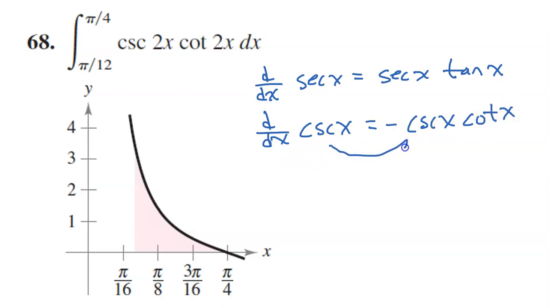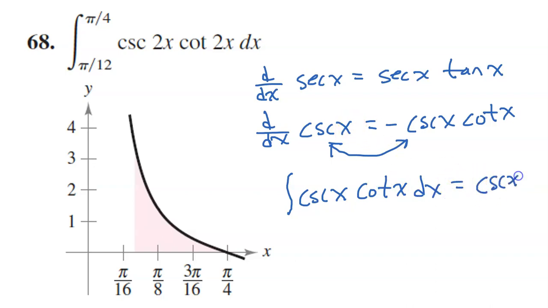So, reversing this, we remember that the integral of cosecant cotangent will be cosecant, plus c, obviously.